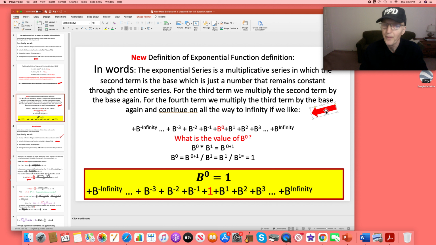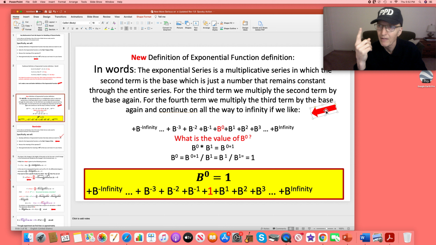For example, for the third term, we multiply the second term by the base again, okay? And for the fourth term, we multiply the third term by the base again. And we continue all the way up to infinity if we like. So in this definition, I've given you also a bit of a formula of how to construct the exponential series.